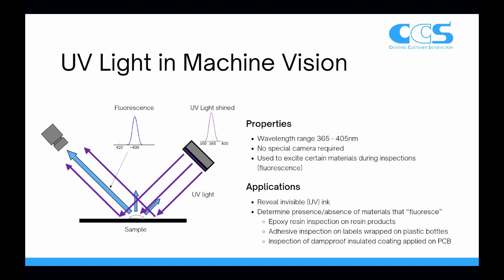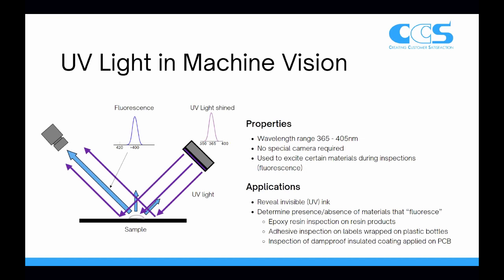Applications for this are to reveal invisible ink. That's the easiest one because most of the time this ink will have a spec that says it fluoresces at 365, 395 nanometers, and you can just find a light that fits that wavelength. It can also be used to determine presence-absence of materials that fluoresce.